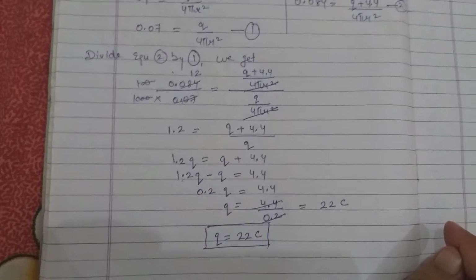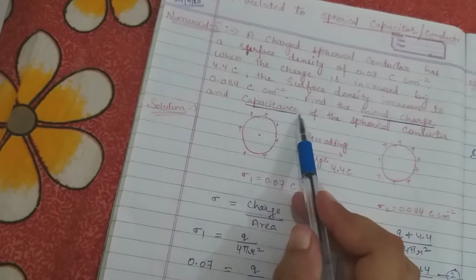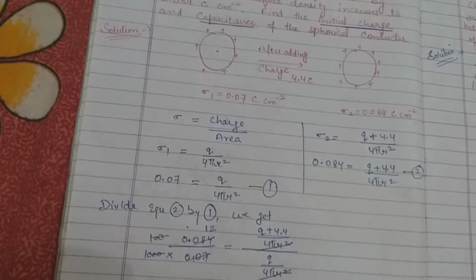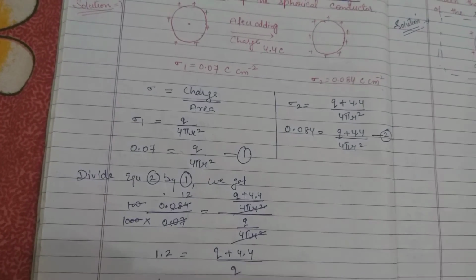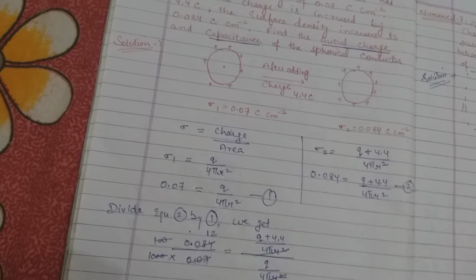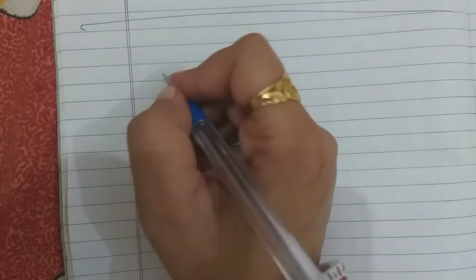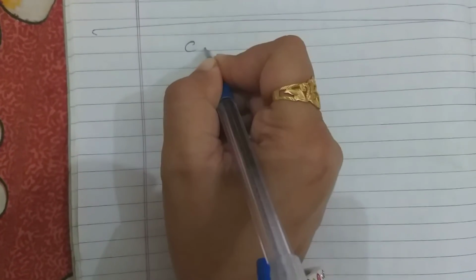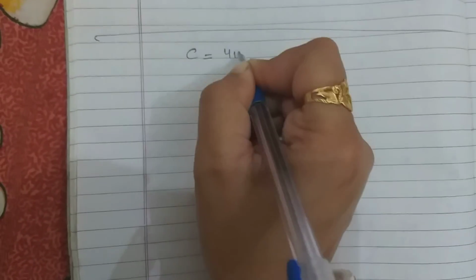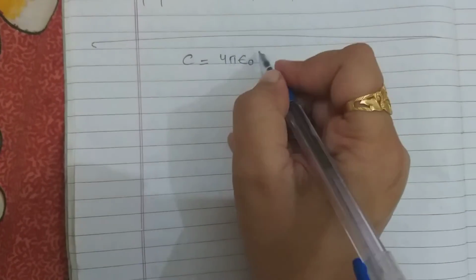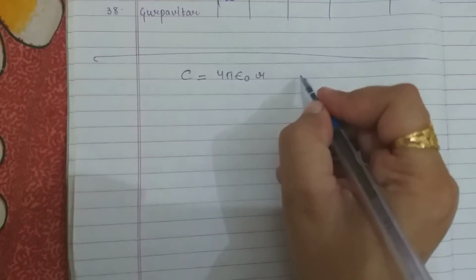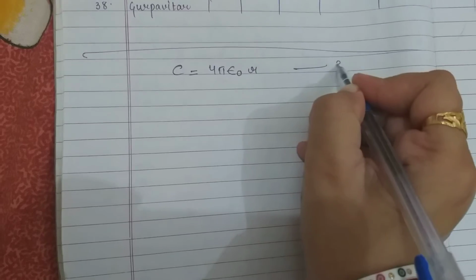Now the second thing we have to find is the capacitance of the spherical conductor. So for this, as we know, the formula for the capacitance of a spherical conductor is 4 pi epsilon naught R. Give this equation number 3.